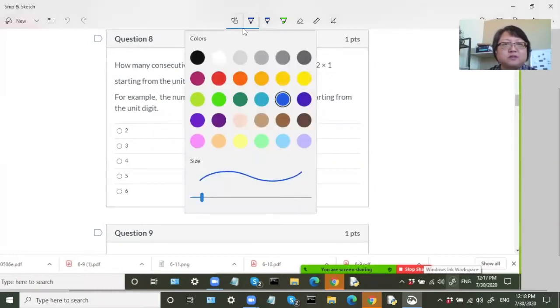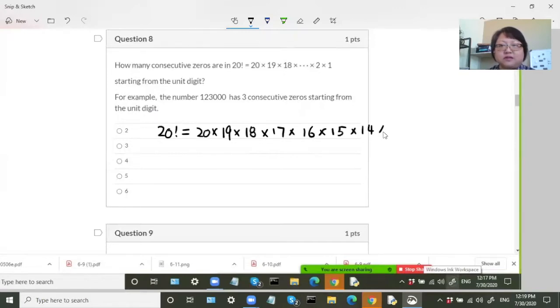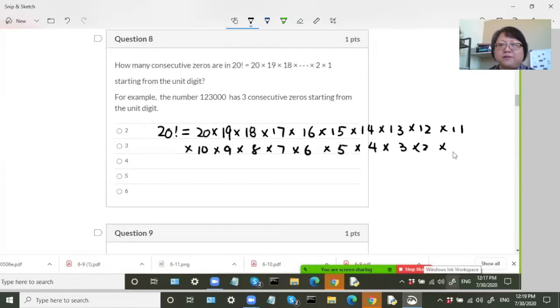Okay. So we have 20 factorial equals 20 multiplied by 19 times 18 times 17, 16, 15, 14, 13, 12, 11, and times 10, 9, 8, 7, 6, 5, 4, 3, 2, 1.